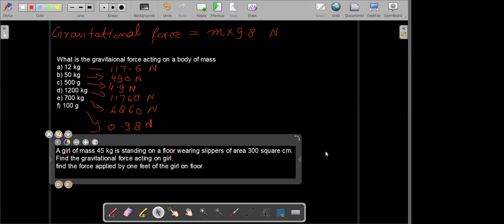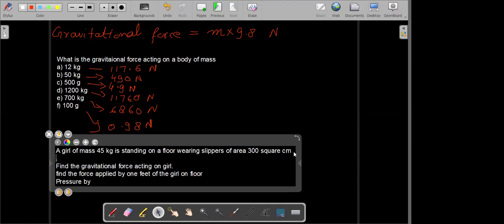Then you need to find the pressure exerted. Sir, is the 300 centimeter square the area of two slippers added or each? It's each. You need to find the pressure exerted by each foot.